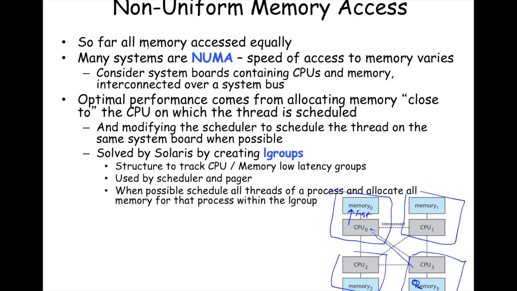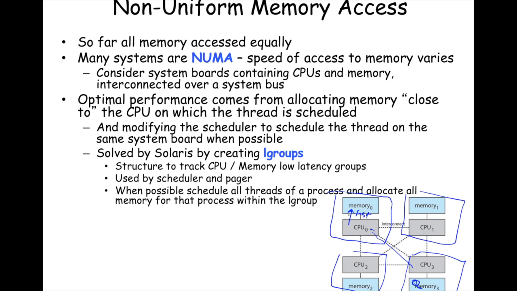One of them is Solaris, made by Sun Microsystems, which was bought by Oracle Corporation after the dot-com bust in the late 90s, 2000. And what this does, it creates something called an L group, a low latency group. It's a set of CPUs and memories that are local to one another.